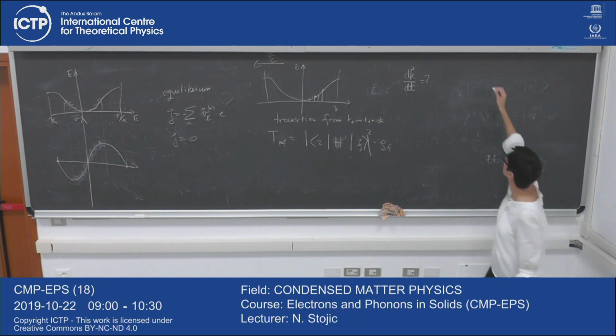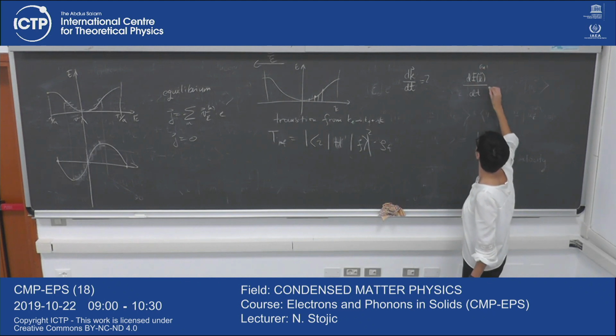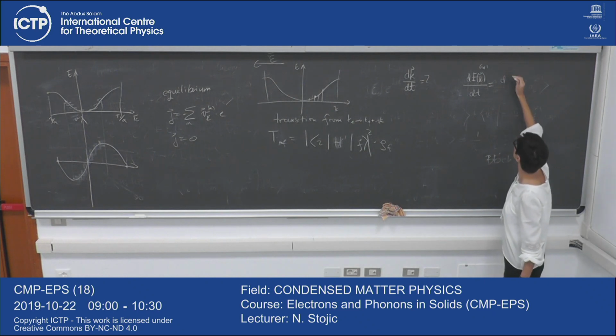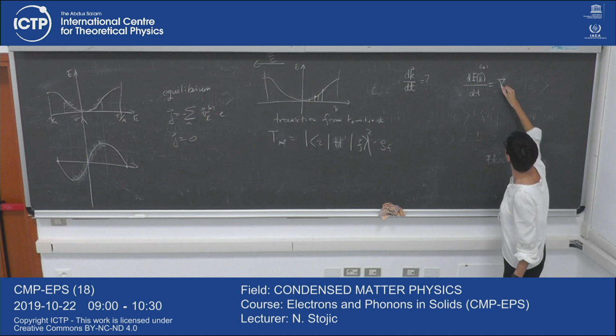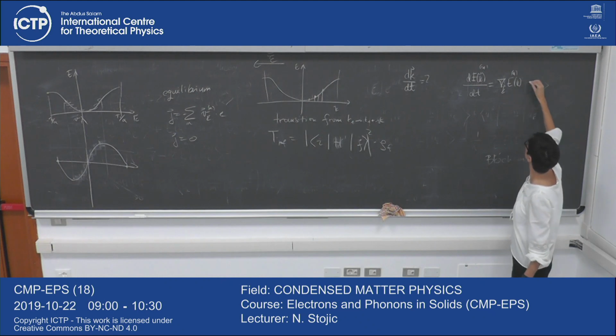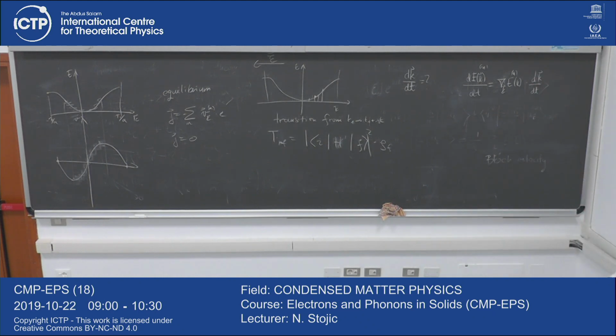So for that, let me find the rate of energy change, which I can write as the gradient times dk over dt. I'm sorry, I'm jumping a bit from 1D to the general case.